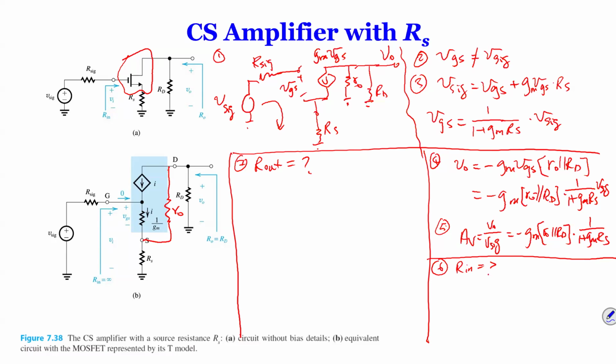If you look at the equivalent circuit, whether it's the T model or pi model, by definition, how do we calculate Rin? Remember, that's what we did. We apply voltage and we find the current and we divide them. So in this case, when you apply voltage at the input side, what do you get for current? 0, right? So therefore, your input resistance is infinity.